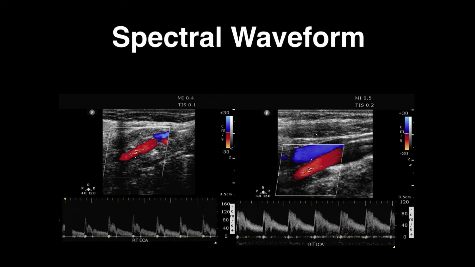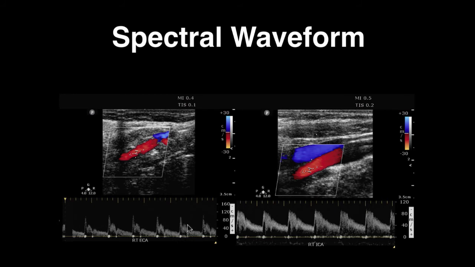Now, coming off the common carotid, you're going to have the external carotid artery that supplies the face and the neck, and the internal carotid artery which supplies the brain. Now, if you take a look at the external carotid artery and the internal carotid artery, their spectral waveform signatures are different. And this is what you would expect.